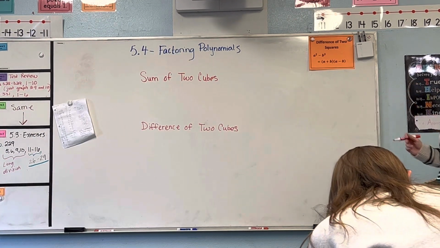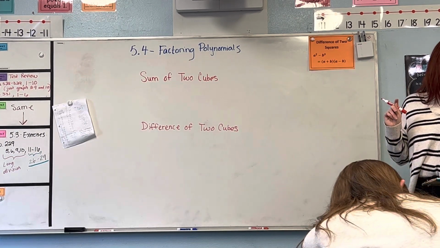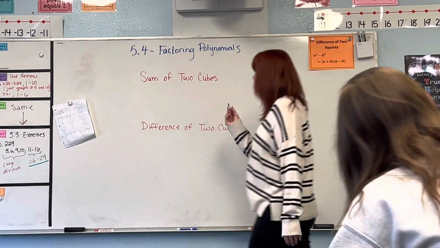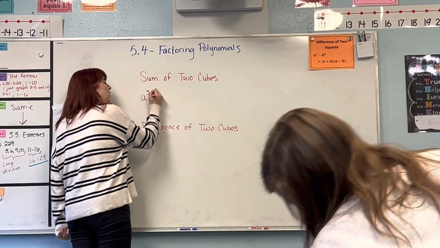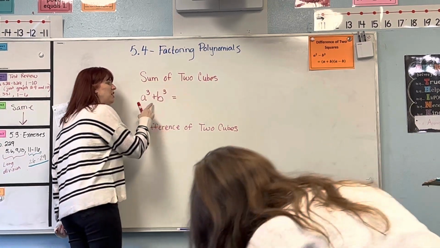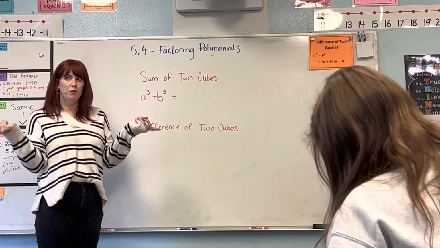Sum of 2 cubes. This is how I remember it, okay? Sum of 2 cubes means a cubed plus b cubed. If you get something like that, and you need to factor that, you can actually break this down one more time.